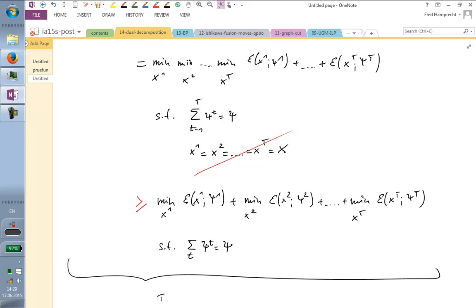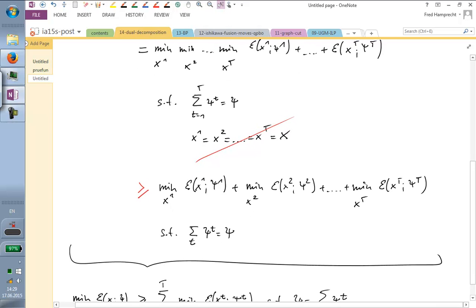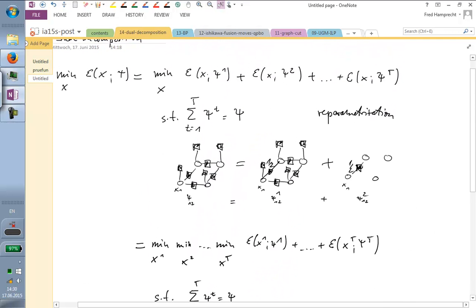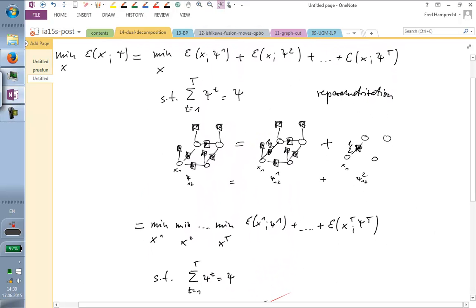So this is why the inequality is this way, not the other way around. And this condition that is crossed out means that they all had to be the same, the labels first. Yes, previously, in this picture here, I had said that on the right-hand side, I used the same labeling x1 for node number 1.